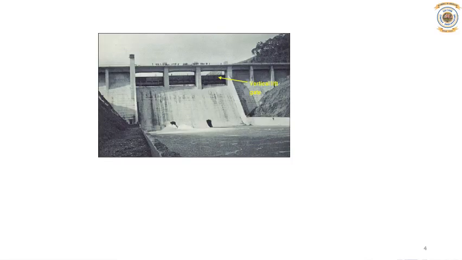Okay. Gates, we will see types of gates, and before going to study the types of gates, we will see what is a gate. Now we know that water is allowed to flow into the penstock or canal or directly to the turbine through the intake system, isn't it?